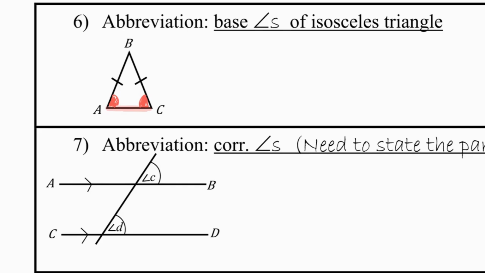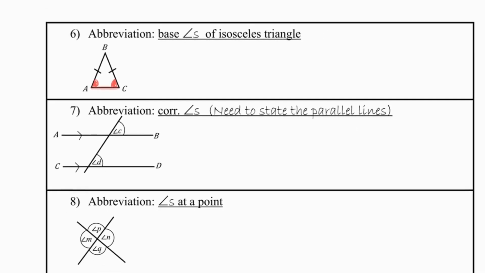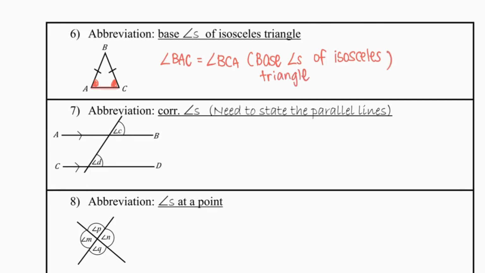That means angle BAC is equal to angle BCA because they are base angles of isosceles triangle. You have to spell out the whole thing. No short form for isosceles triangle.